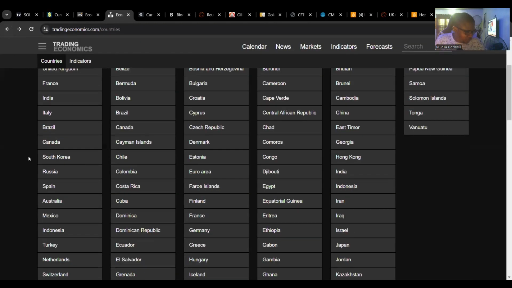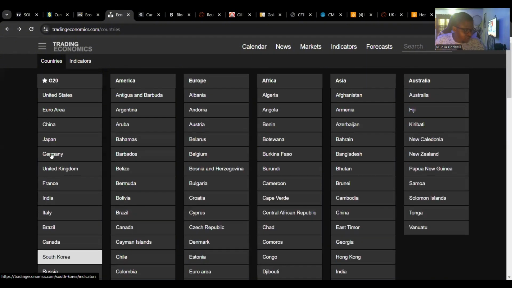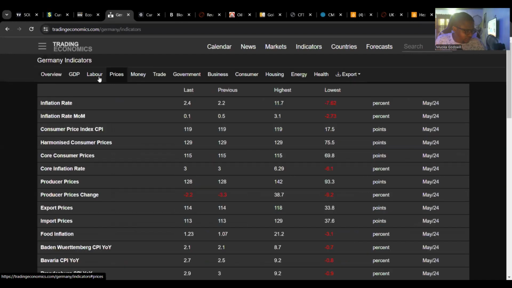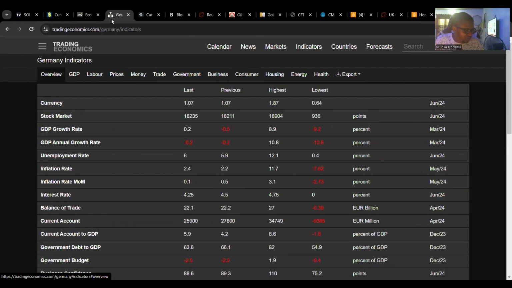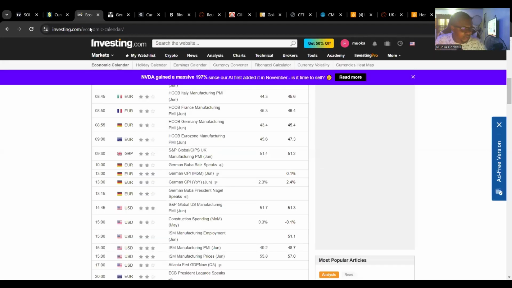Let's go to Trading Economics to look at the core consumer prices, the core inflation rate. Everything is anticipated to drop, and that is deflationary for the euro. It's anticipated to drop from 2.4 to 2.3.